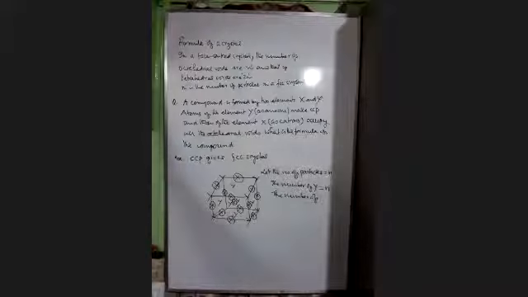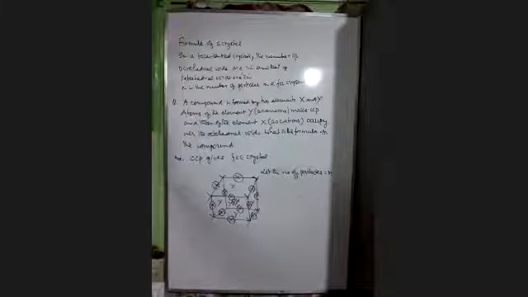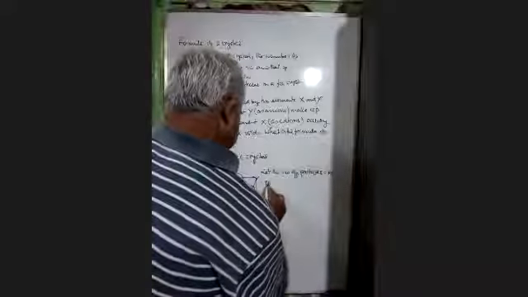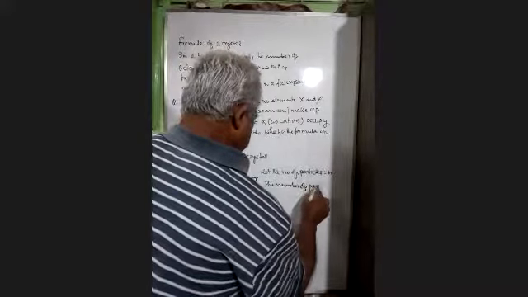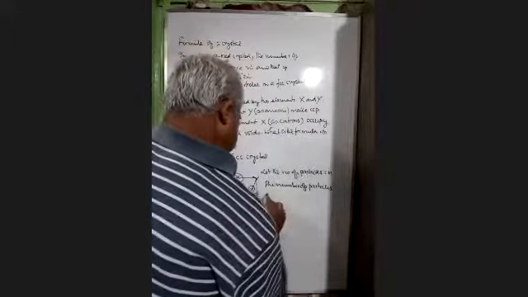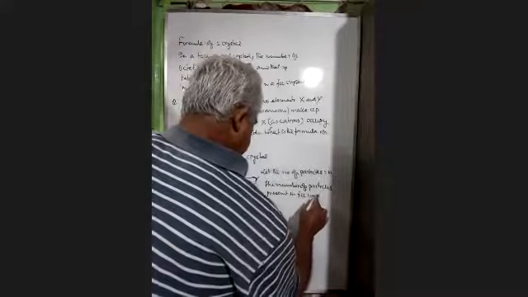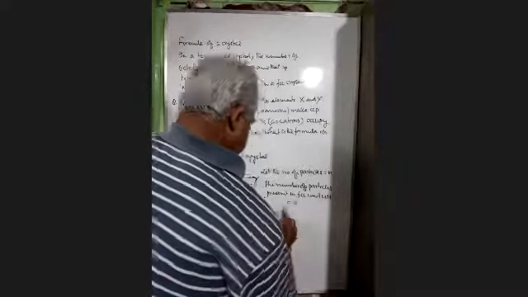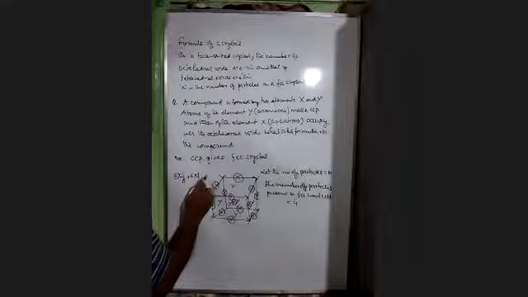We know in an FCC crystal, how many particles are present? The number of particles present in an FCC unit cell is equal to what? 4. See here, we already know 8 into 1/8 plus 6 into 1/2 is equal to 1 plus 3, which is equal to 4.